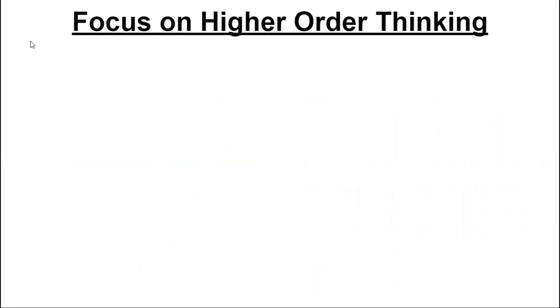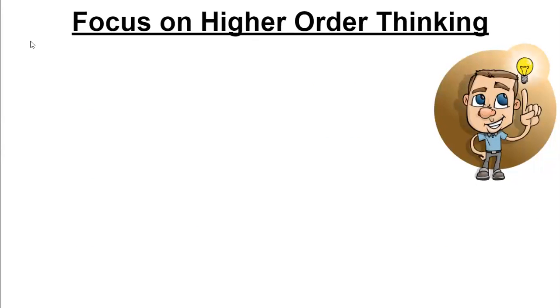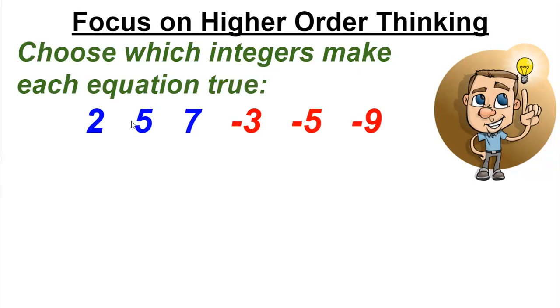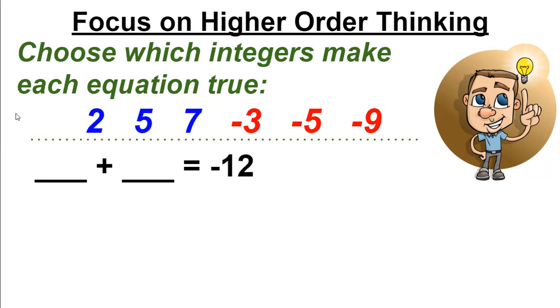Okay, let's think a little bit higher. Focus on our higher order thinking. Choose which integer will make each equation true. You've got a choice of 2, 5, 7, -3, -5, -9. Here we go. First one. What two numbers above are going to make that equation true, so that you have an answer of -12?